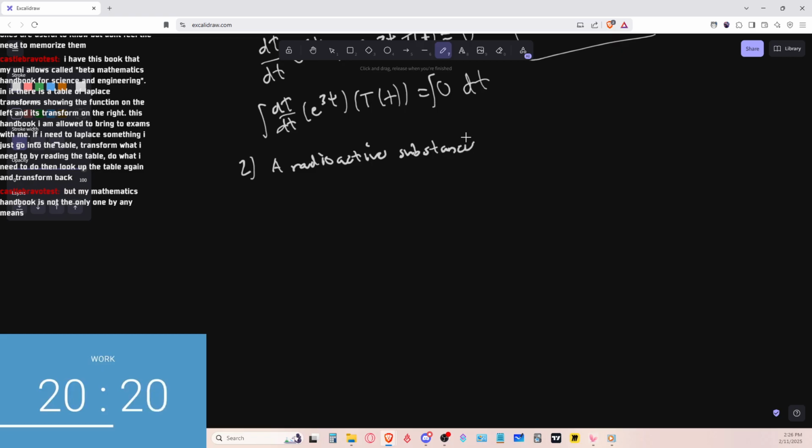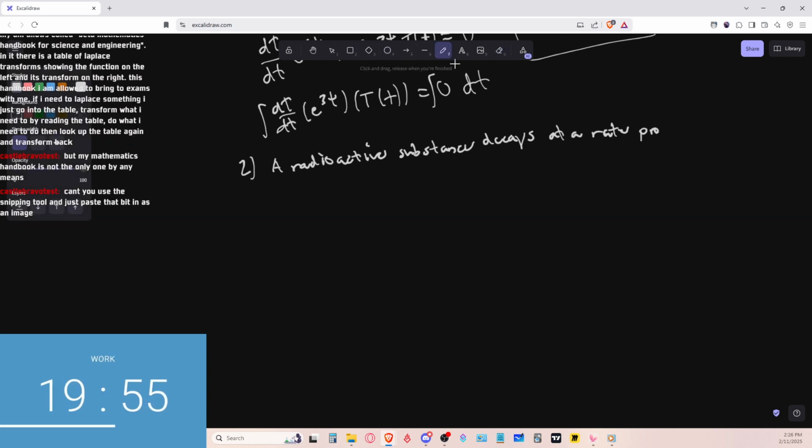If it's too long, I'll just read it out loud and write the details that we need. Can't you use a snipping tool to just copy and paste? Yeah, unfortunately, I don't have a PDF. I'm actually using a physical book.